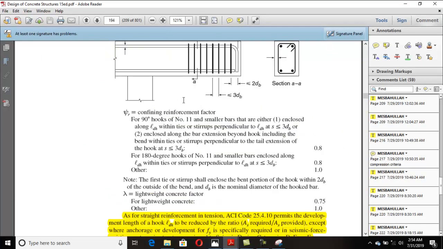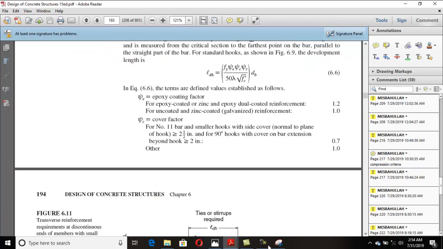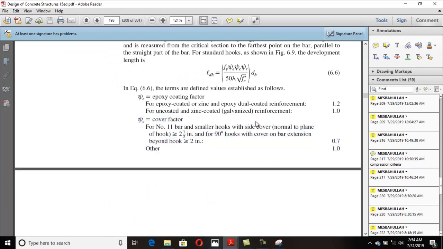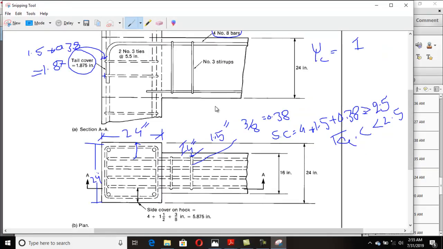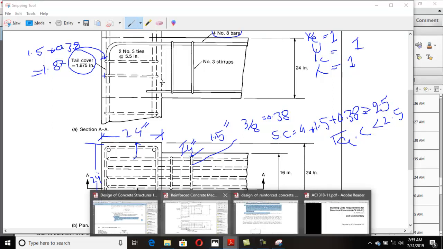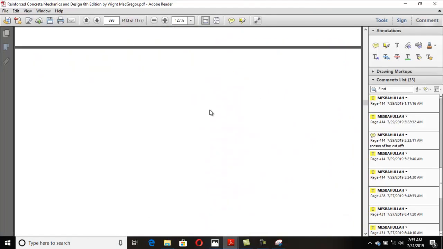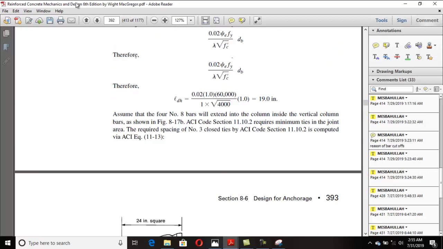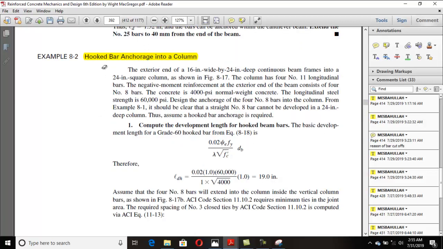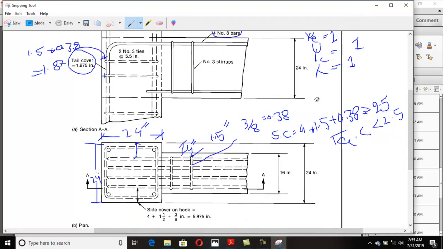Okay, now psi c is clear. Psi e is 1 because there is nothing said about coating, and lambda will also be equal to 1, because this is normal weight concrete. So this is also 1.